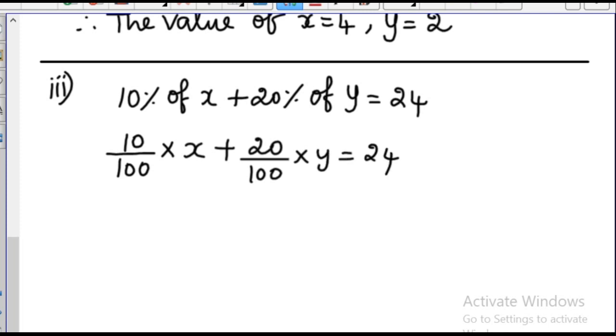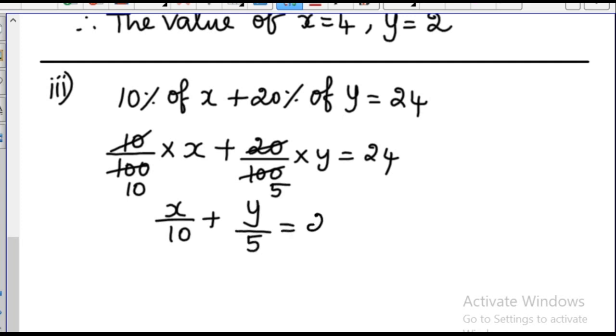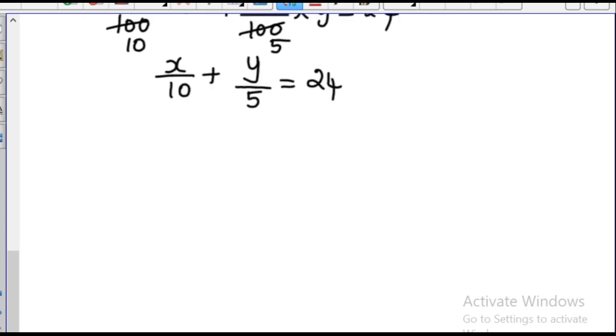Okay. So if we cancel these numbers, here you will get 10, then here you will get 5. So what do you get? Here x by 10 plus y by 5 is equal to 24. Okay. So here we have denominators.